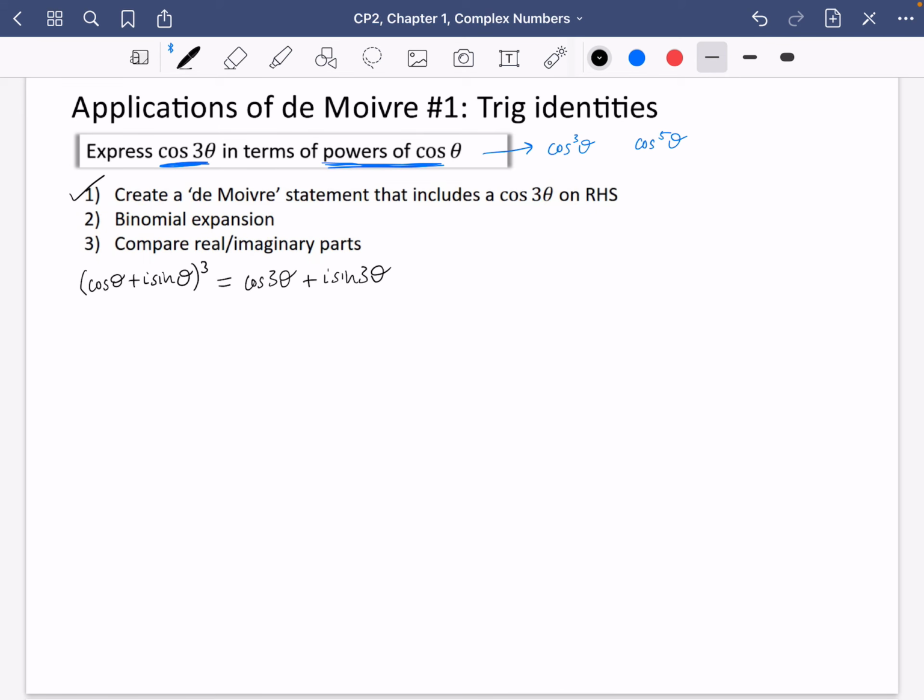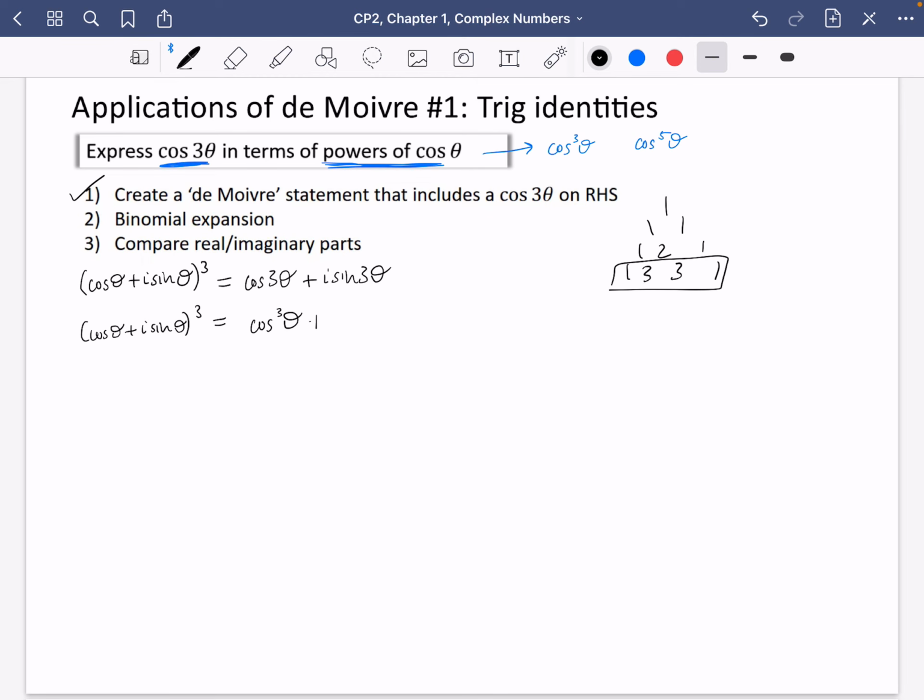The next thing we're going to do is binomial expansion on (cos theta plus i sine theta) all cubed, okay? And you'll see why we do that in just a second. So when I do this cubed, I will start off with the first term, which is cos cubed theta. And again, I guess you could think of Pascal's triangle for this one, but you should know that for cubing, the coefficients will be 1, 3, 3, and 1.